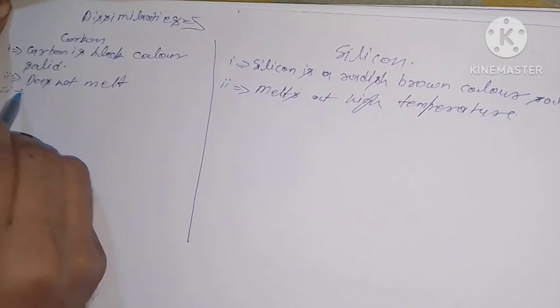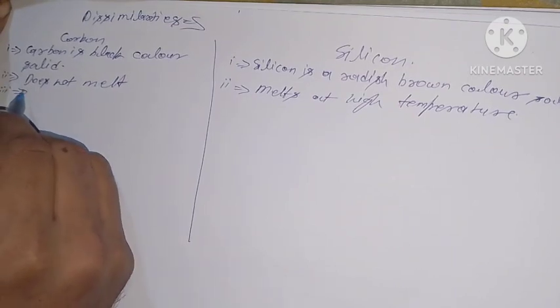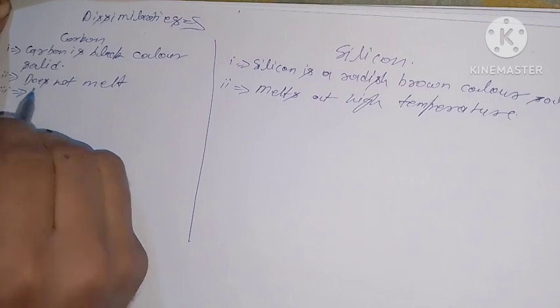Third point. The maximum covalency of carbon is equal to 4.